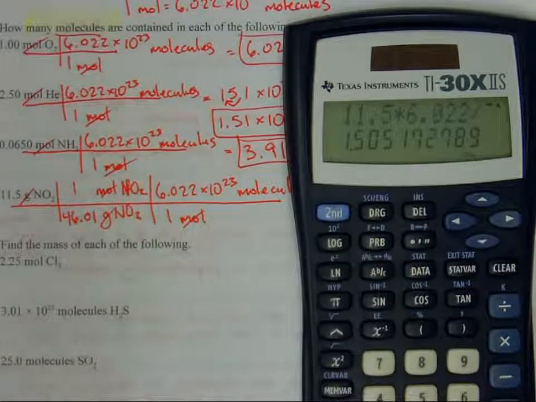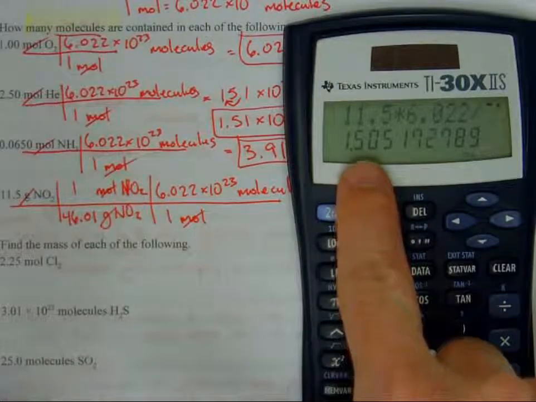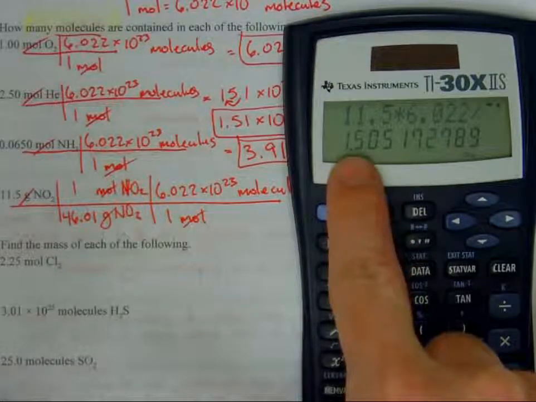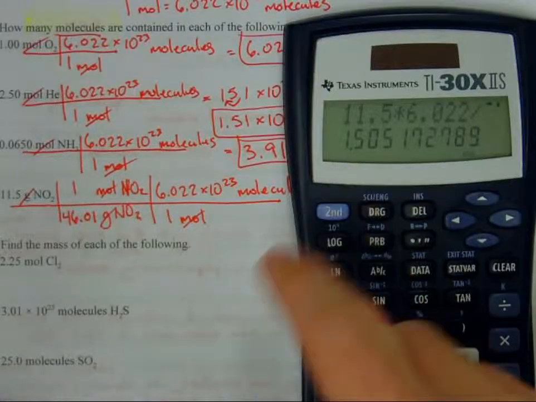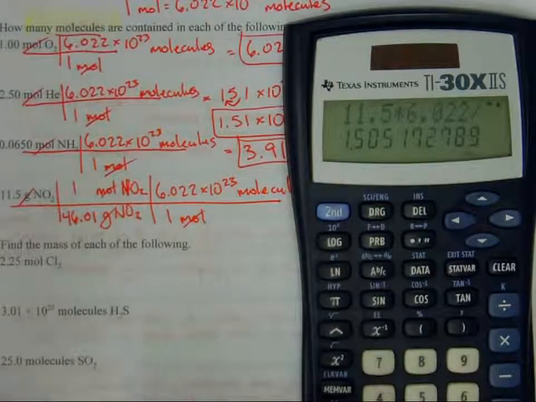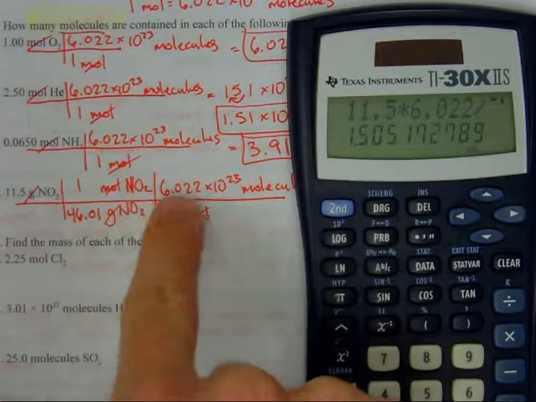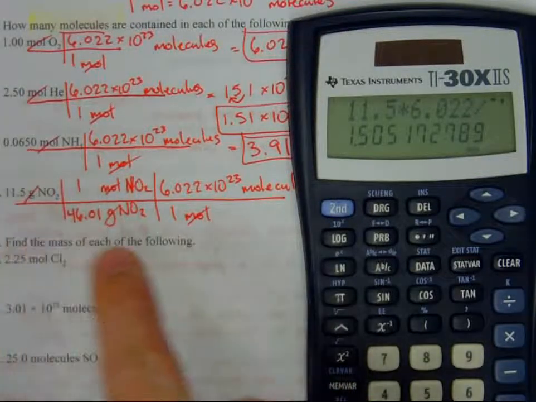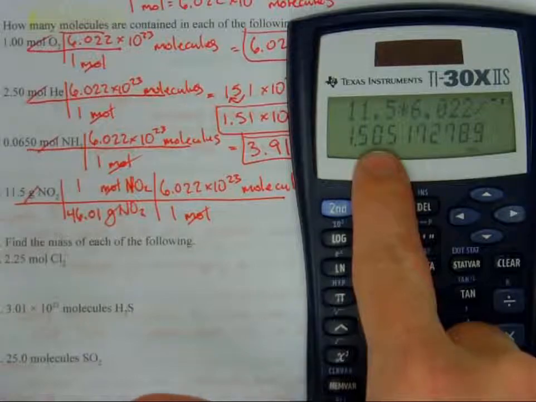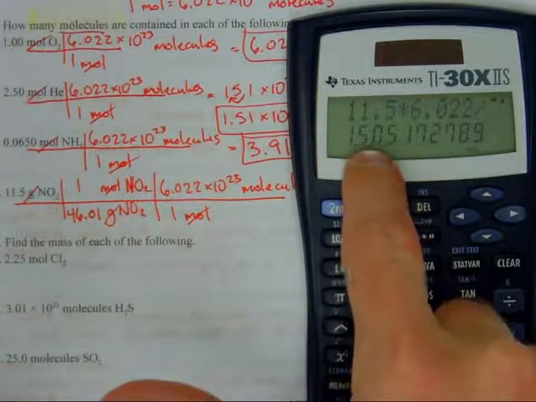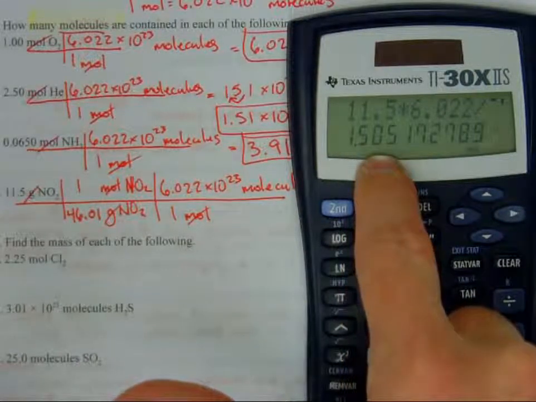Okay, so I have a value. Proper scientific notation? Yeah, that will be 1.5. That's between 1 and 10, so that's looking good. Number of sig figs? 3. I'm going to go with 3. Okay, so that 5 right there is going to tell me to round that up to a 1, so I'm going to end up with 1.51.